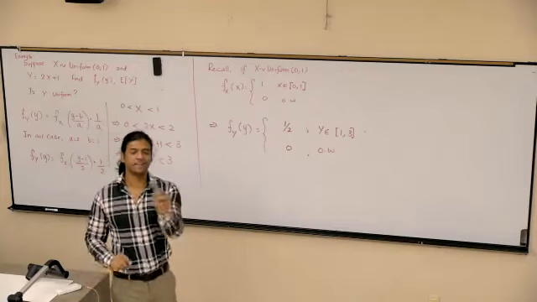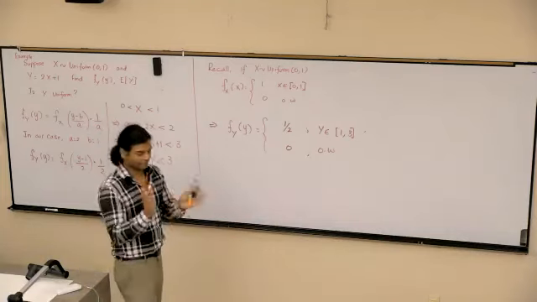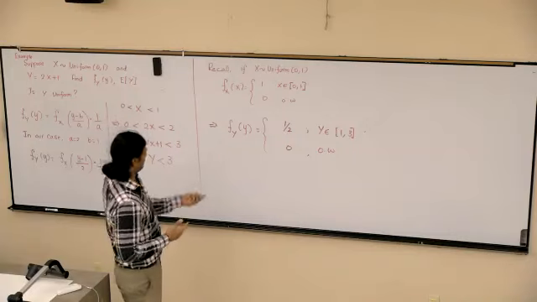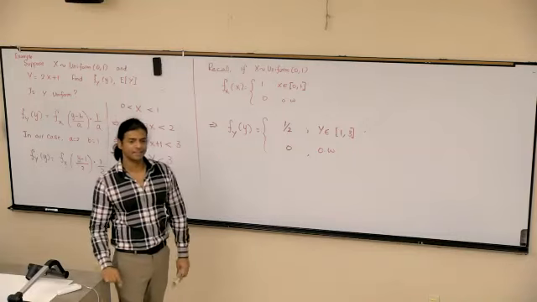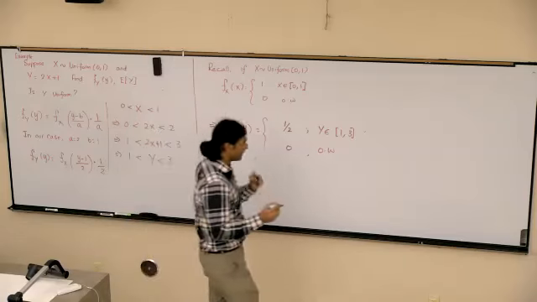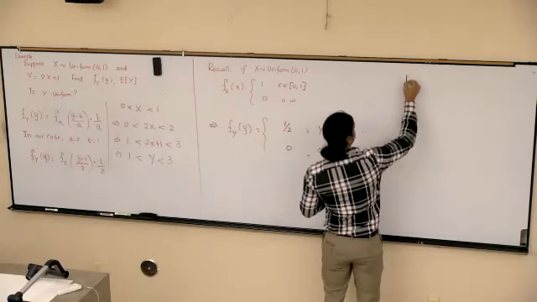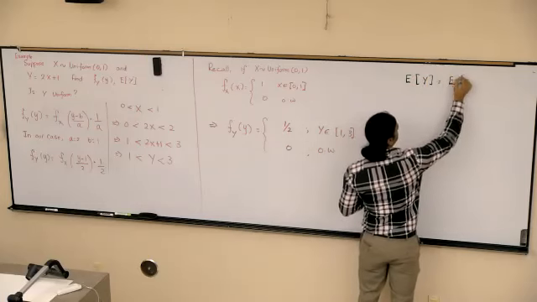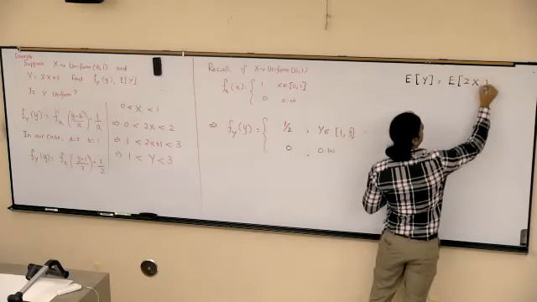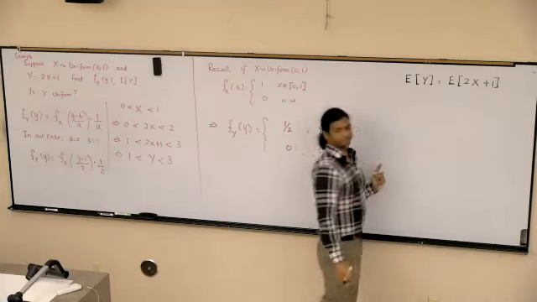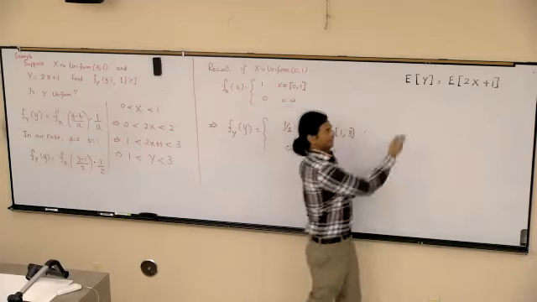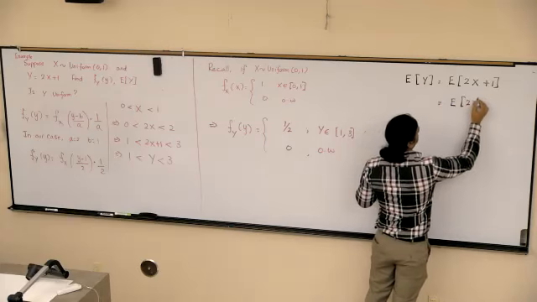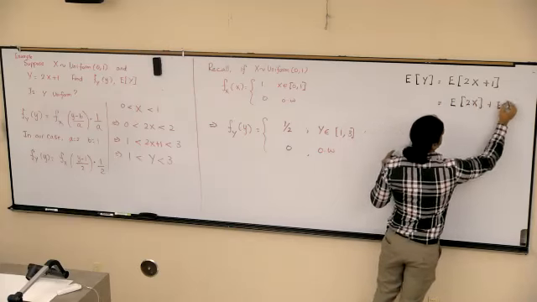It is x times the PDF integrated over 1 to 3. But should I do all that in this problem? Is it necessary? No. Because we know expectation of y can be written as expectation of 2x plus 1. Yes? Distribute: expectation of 2x plus expectation of 1.